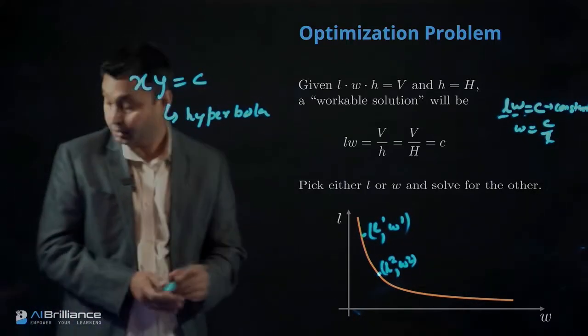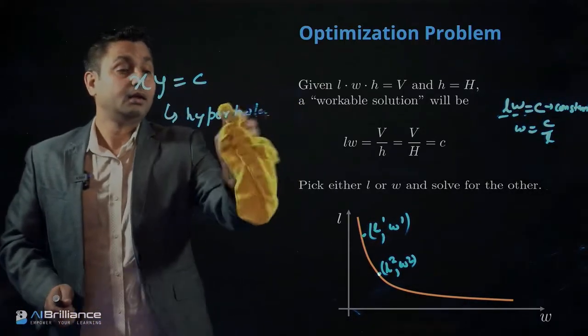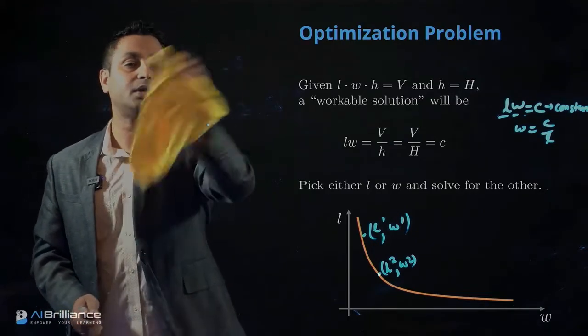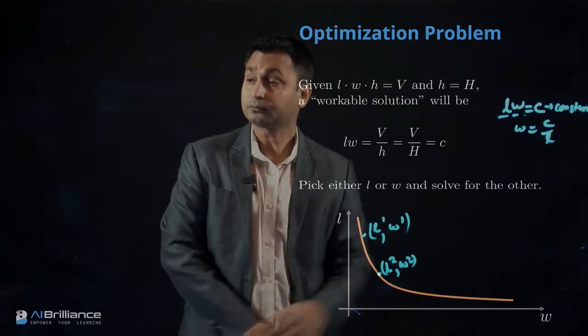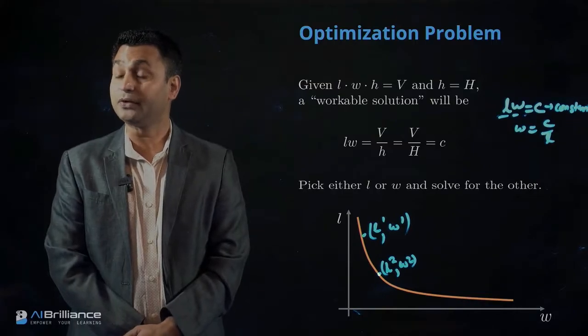So now my question is, looking at this plot and this equation, how many solutions do we have for this problem? Now, if you look at this, you will see that there will be infinitely many points that lie on this hyperbola. So the answer to my question is that there will be infinitely many solutions.